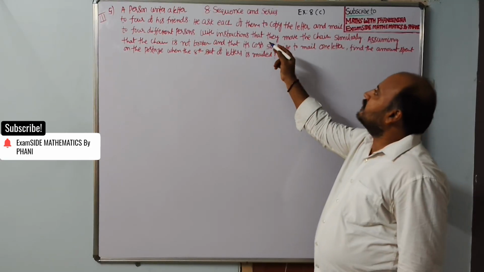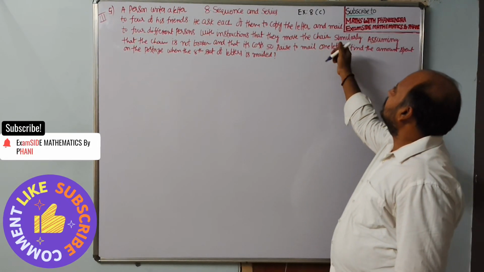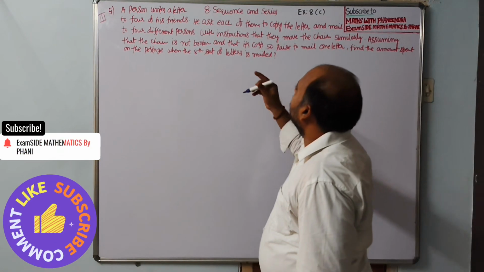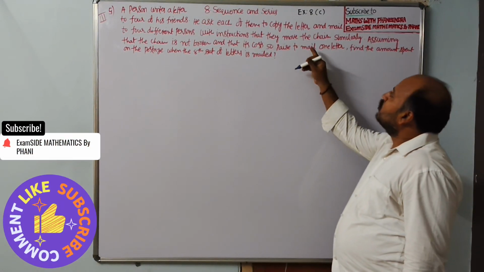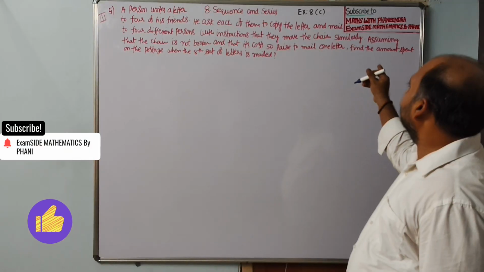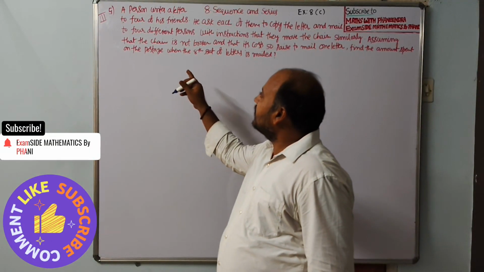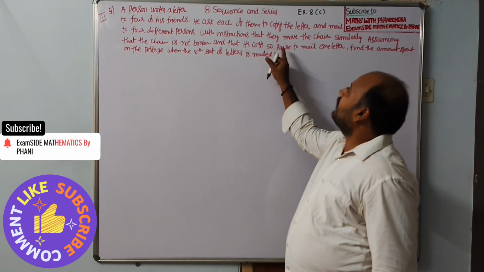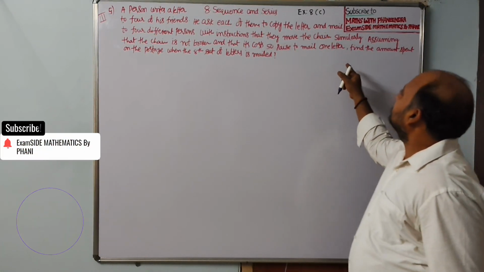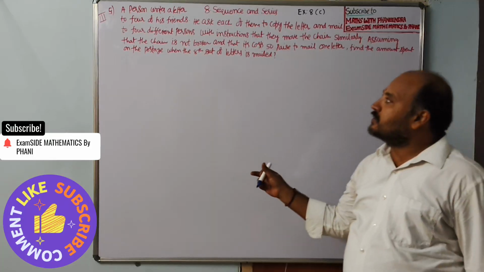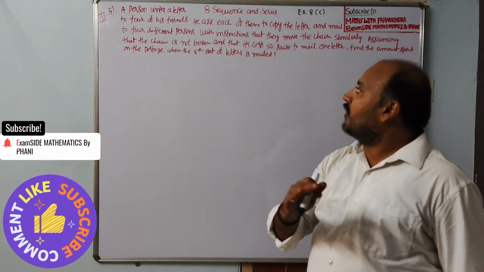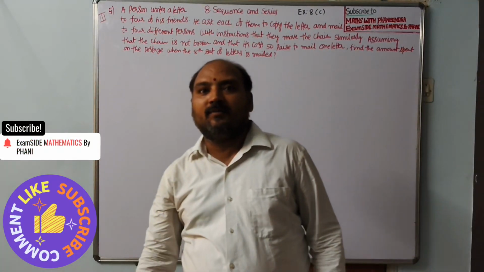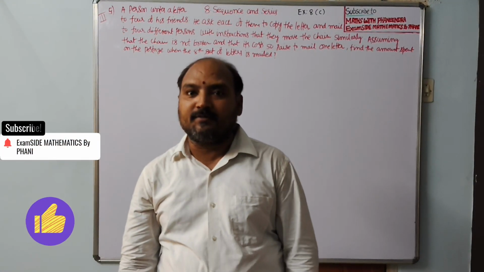He asks each of them to copy the letter and mail to 4 different persons with instructions that they move the chain similarly, assuming that the chain is not broken and that its cost is 50 paise to mail 1 letter. Find the amount spent on the postage when the 8th set of letters is mailed.